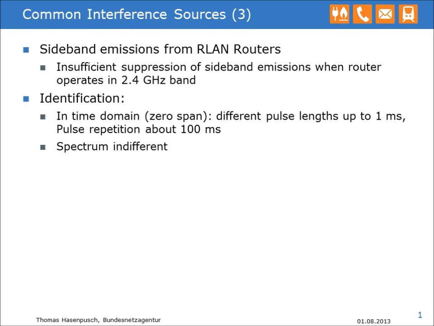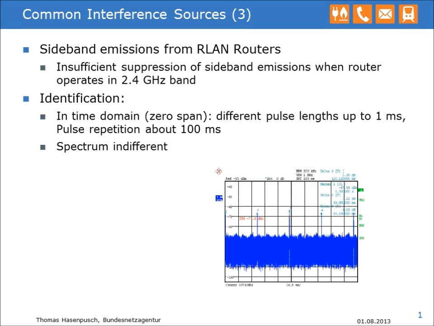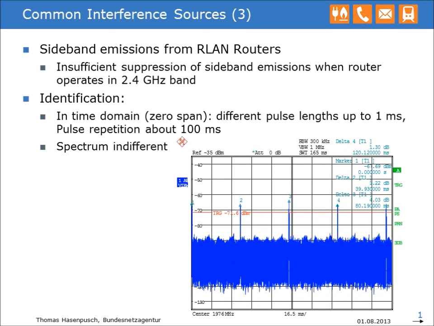The spectrum is indifferent, but the pulse repetition rate is much longer than for DECT. So we don't see the 10 milliseconds, we see something in the range of 100 milliseconds. And that is an indicator for such a sideband emission. So at least with this information, we already know something about the sources that we're searching for.